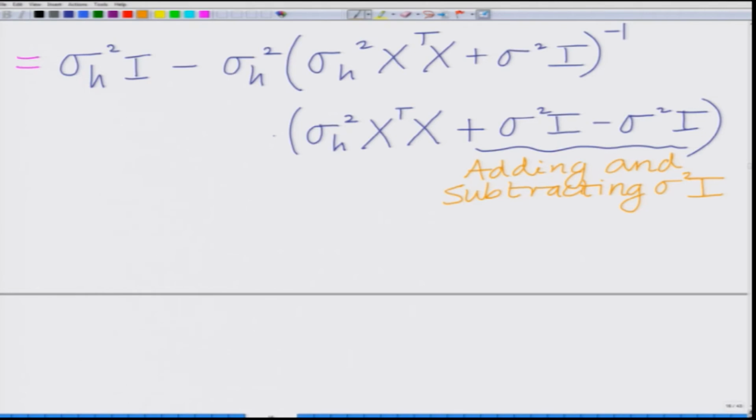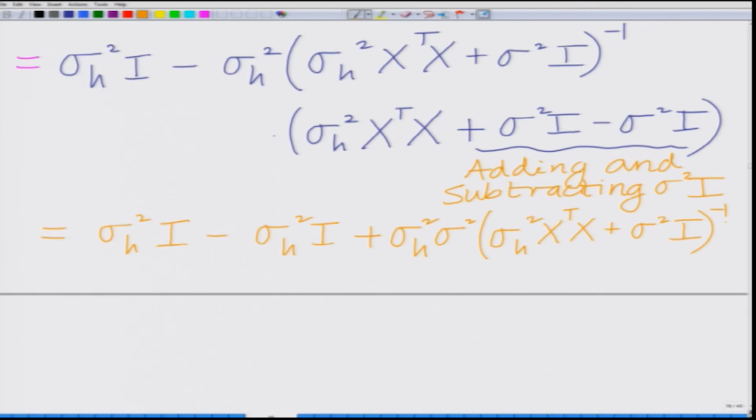So we will have net sigma_h^2 I minus sigma_h^2 times identity, plus sigma_h^2 times (sigma_h^2 X^T X plus sigma^2 I) inverse into sigma^2 I. So what we will have net is sigma_h^2 into sigma^2 into (sigma_h^2 X^T X plus sigma^2 I) inverse, and that is what we are left with.